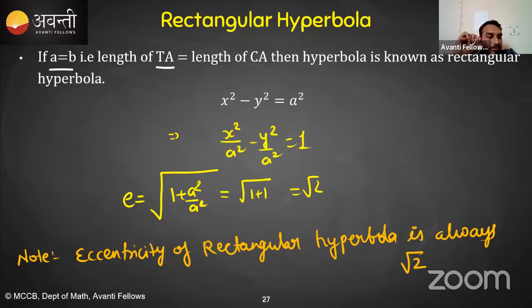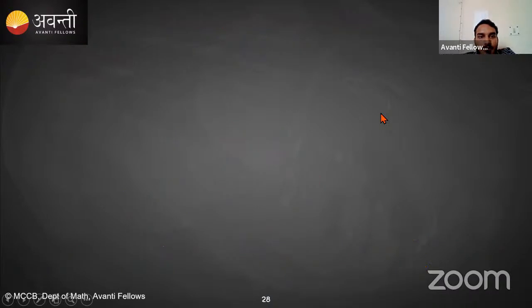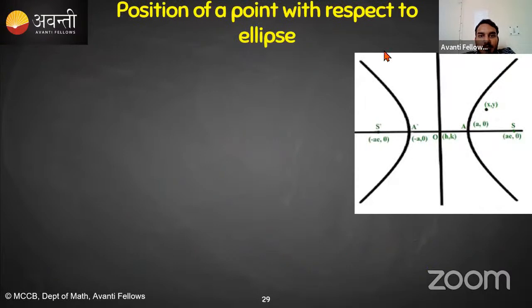And in case of a rectangular hyperbola, if the length of the transverse axis is equal to the length of the conjugate axis, then the hyperbola is rectangular. Will you remember this? And the eccentricity of the rectangular hyperbola is root 2. Okay, very good. Let's proceed further.